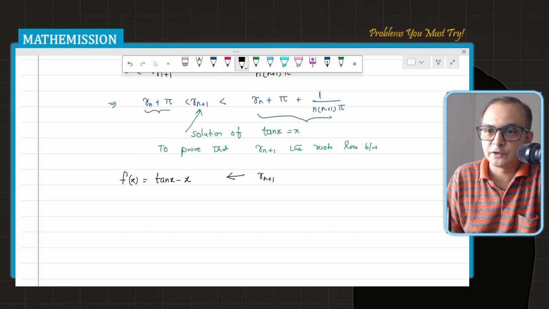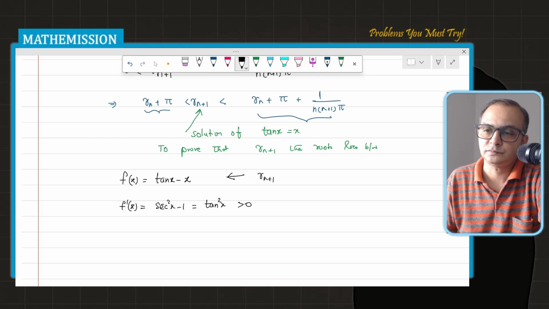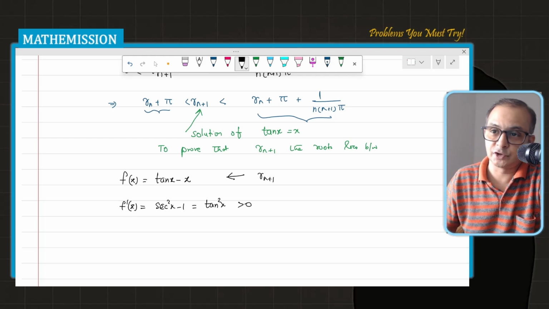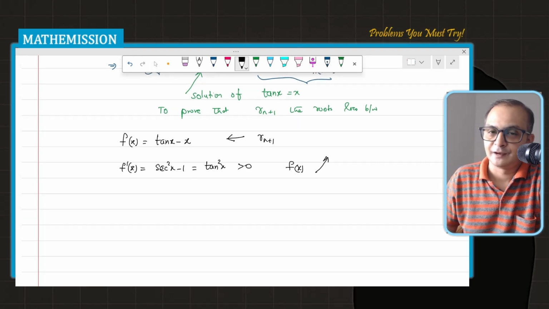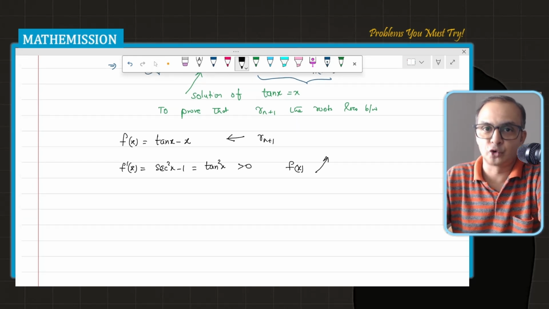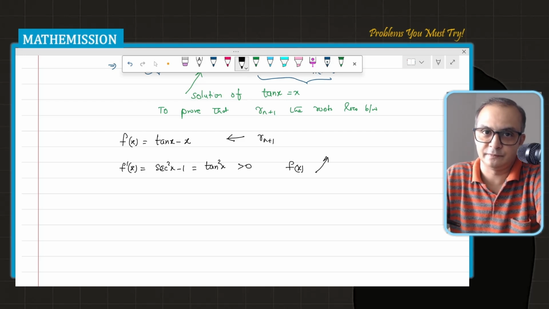So first of all, we check from calculus that f dash x is sec square x minus 1, that is tan square x, which is always positive. It means the graph of the function is always increasing. So f of x is always increasing.